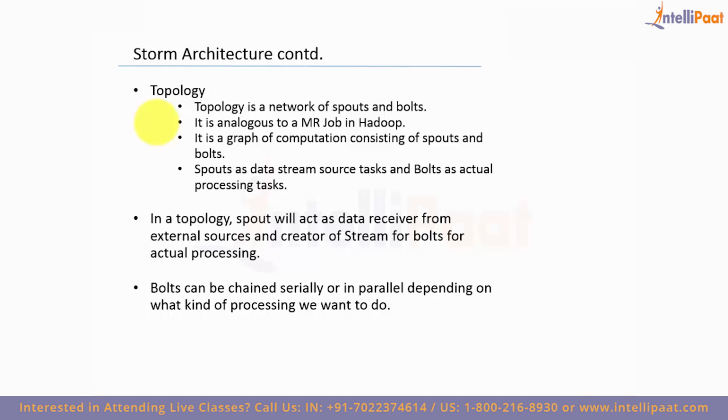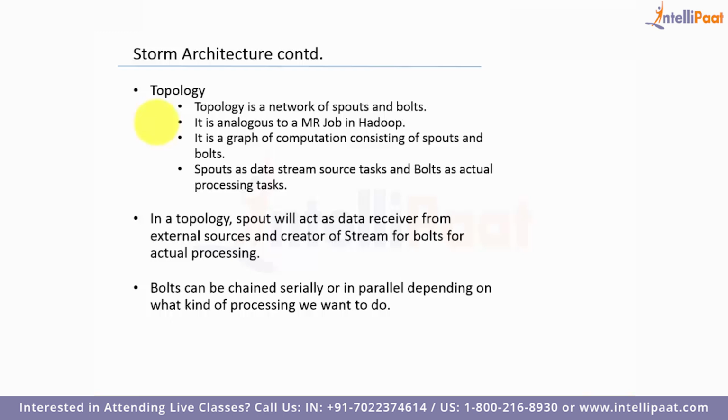The bolts can be chained serially or in parallel depending on what kind of processing we want to do. The analogy that I developed in the previous example was something similar to a chained reducer. If I receive some data from a spout, it will be processed by bolt number 1.